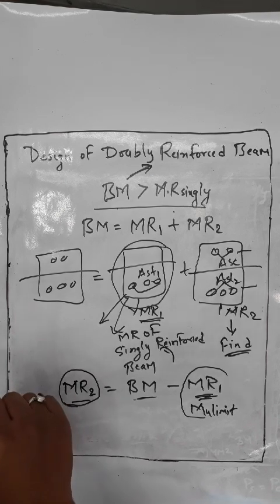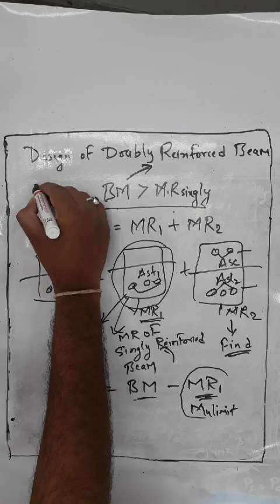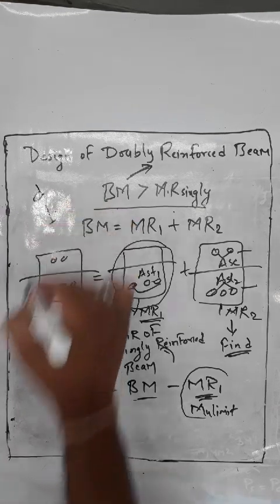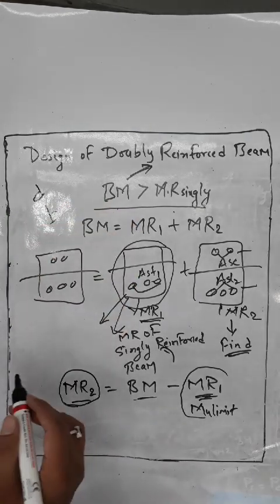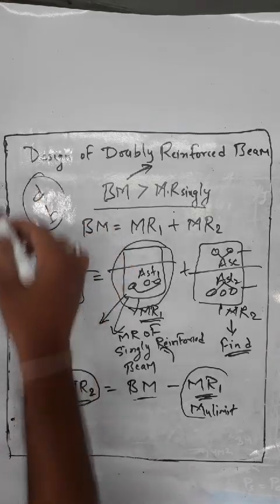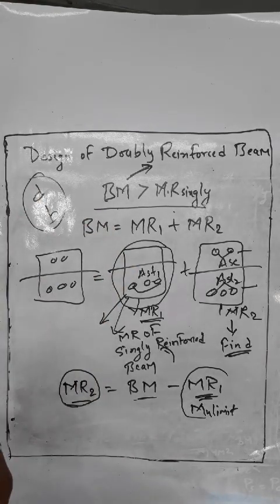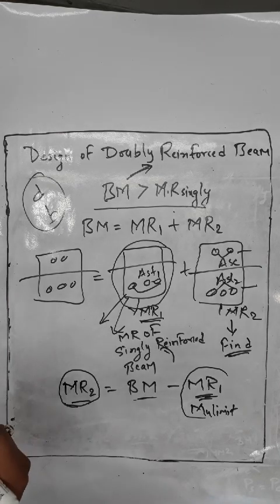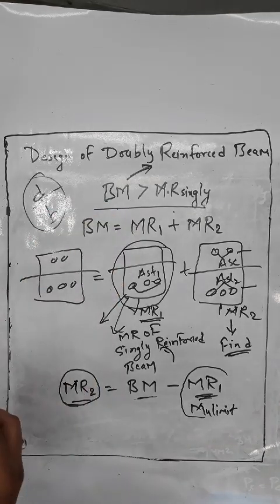Now in the doubly reinforced beam case, the depth and width are both given, because here we restrict the depth and width. That's why we use a doubly reinforced beam. Otherwise, if we do not restrict the depth and width, then we design a singly reinforced beam. So in a doubly reinforced beam, this D and B value is given in our numerical problem.